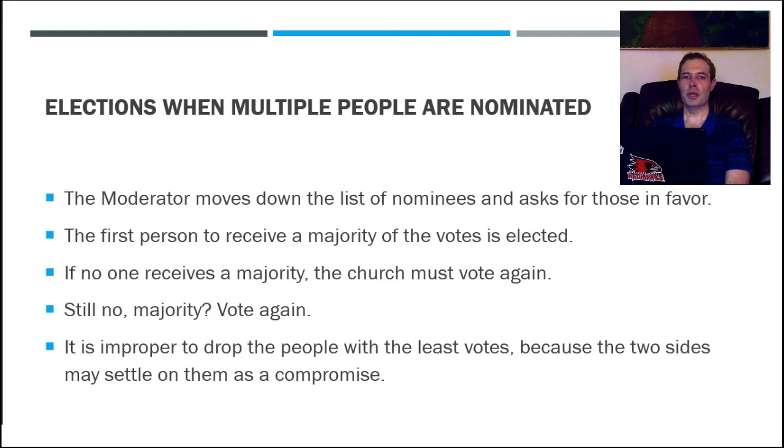It could be a case where part of those people who voted for one of those other two is willing to switch their vote to that person that has more of the vote. Or it could be a case where after that vote is taken, the people who voted for that first person and gave that person 40% of the vote decide, well, it's not going to be an easy vote, so I'm going to switch my vote.